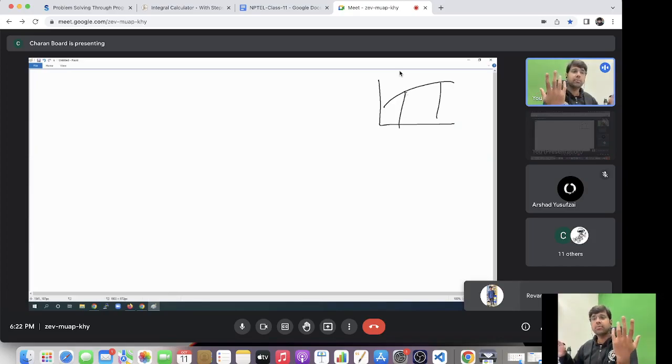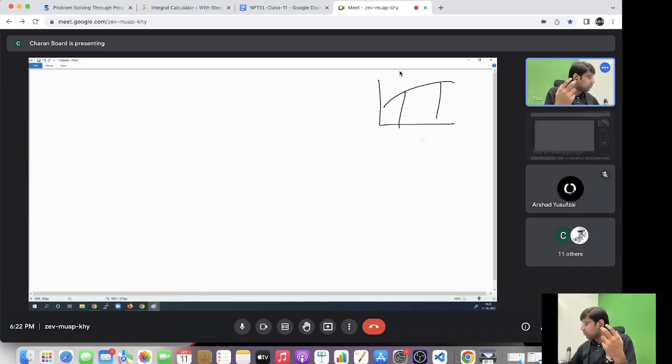But when there was no formula, how they would do it is they would try to divide this circle into very small parts and add those things. So they would calculate the area.